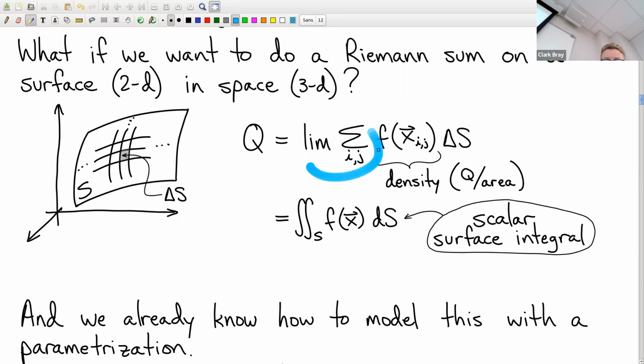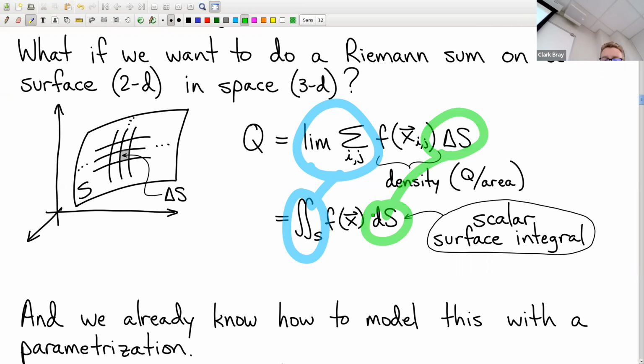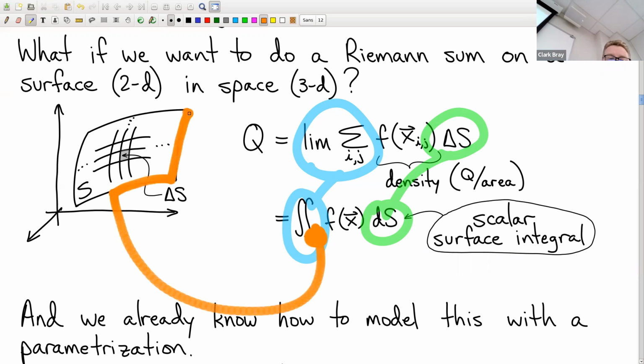So we're adding up over two indices. I'm going to use double integral notation because it is a two-dimensional, two-index Riemann sum. And as usual, I'm going to shorthand the little pieces of area, call them a differential. This notation here is actually pretty plausible. And then of course, the domain is whatever surface you're chopping up in the first place.